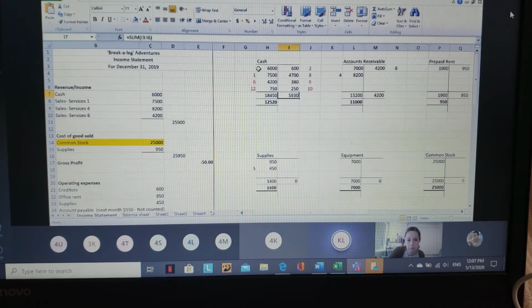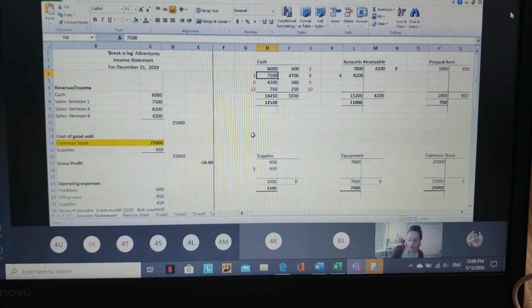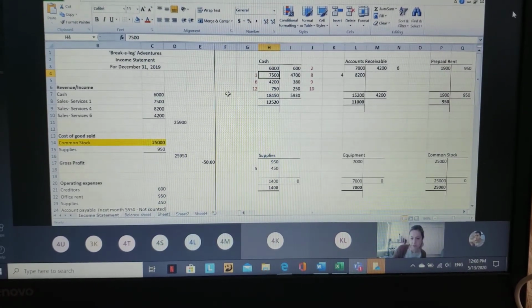And then the cash we receive, we include the beginning amount, so we have a total of 18,450. Then we minus what we spend here, and the rest we have in hand. 4,000, we're going to say, okay, one second, guys.